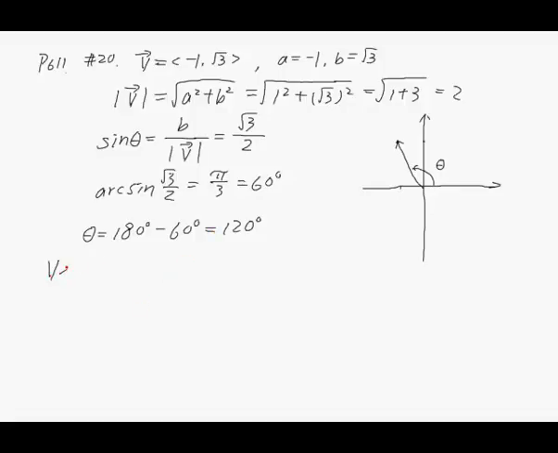So we talk about vector sum, scalar product, and dot product. This is the new thing in component form.